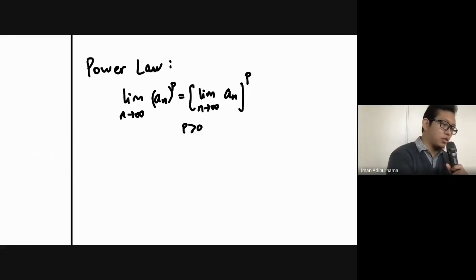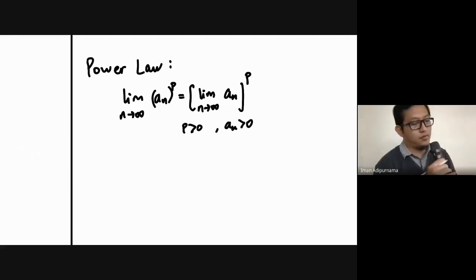So P should be positive and AN should be positive. Because if it's negative, then it will be switched, right? It will be a fraction.